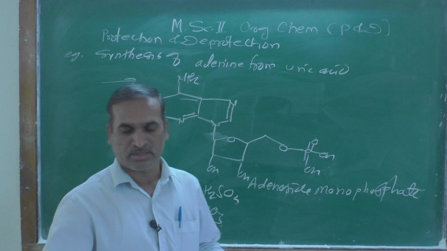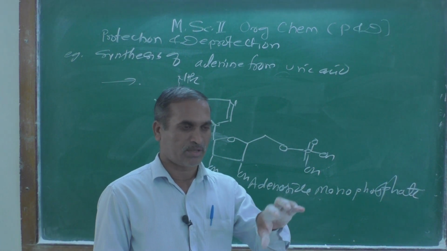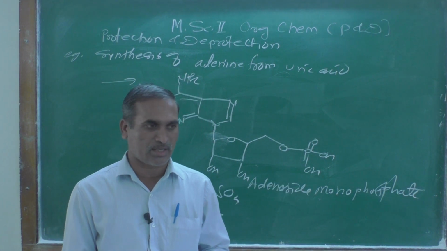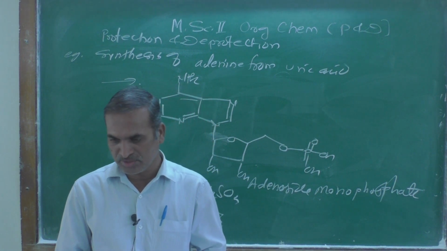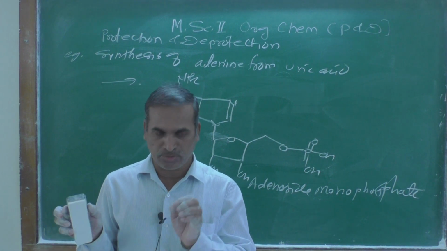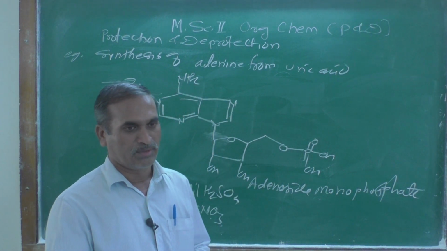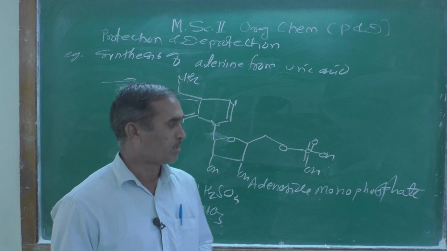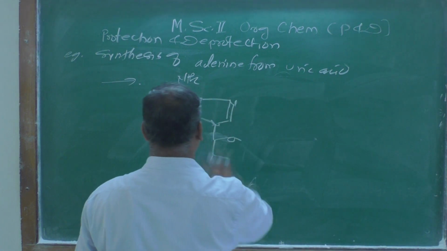In the next lecture we may start the remaining part of this section, that is the chiron approach, or we may start carbohydrates. So depending upon the situation, but here 12 lectures are required to complete this protection and deprotection. The university allotted only 12 lectures, so I have completed all these points. I covered all these points over here.